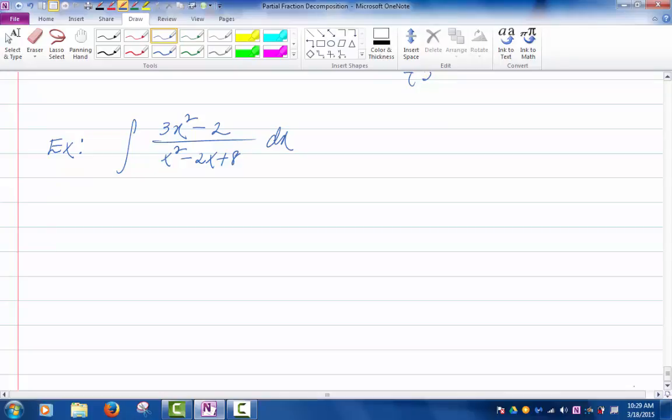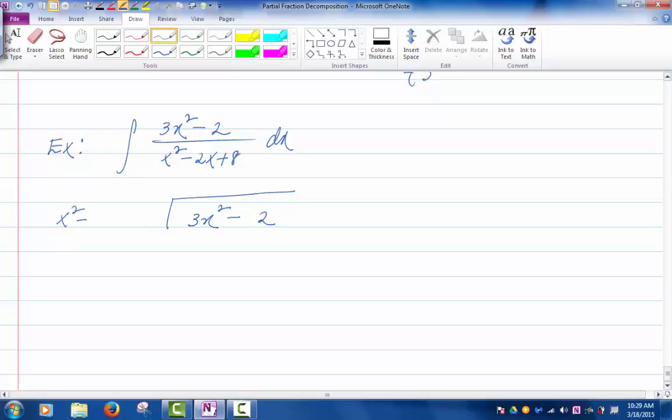Yeah, the degrees are the same, right? So this is not a proper fraction, so I have to first divide out. Let's try to remember from our childhood memory how we did this.